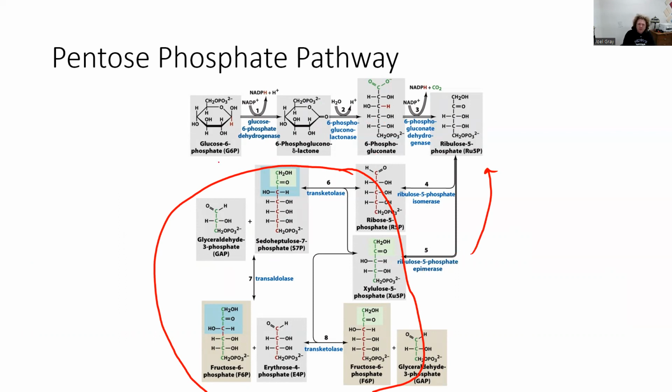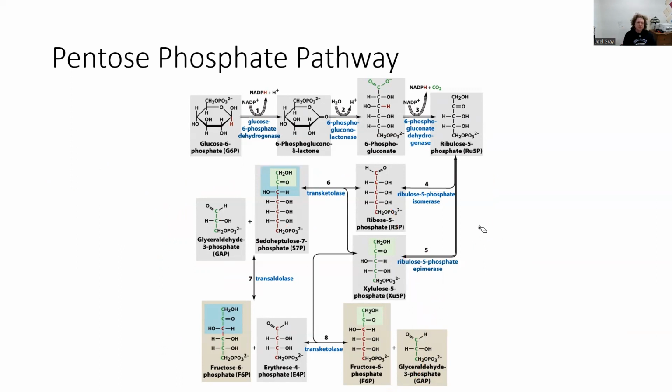But I think it's important to recognize that, yeah, it's nice to think about it going in a constant cycle, a constant spin. But I think it's important to think about each one of these molecules, and one term that you may hear from time to time is a carbon sink. I always like to think about these as reservoirs.